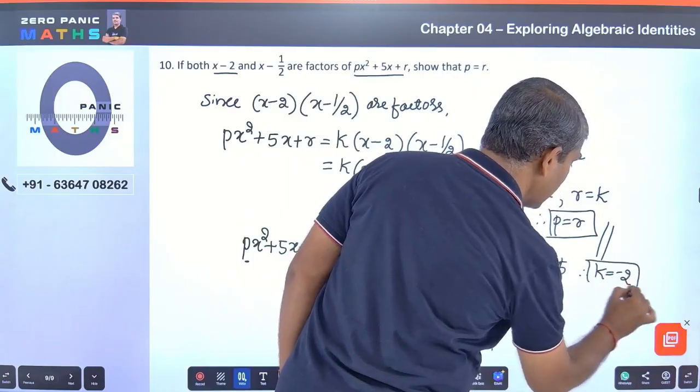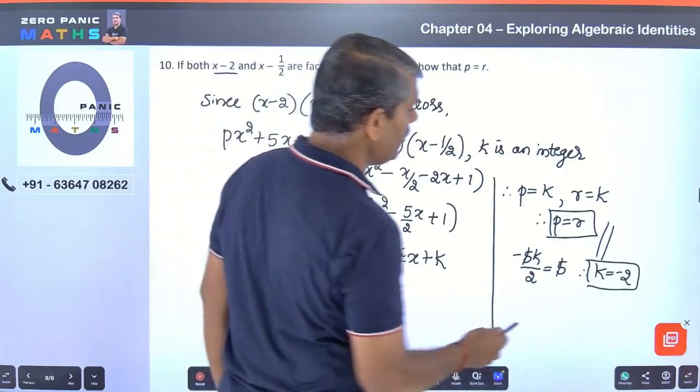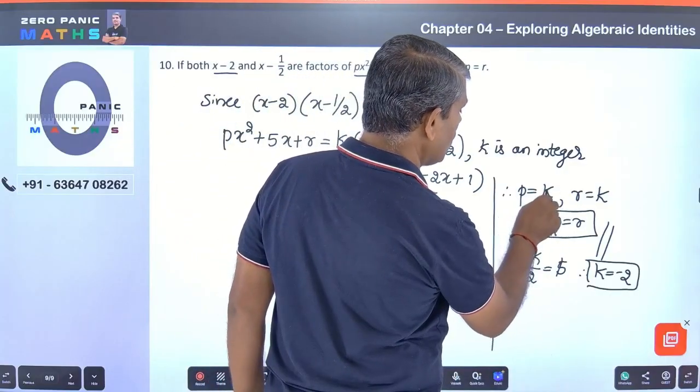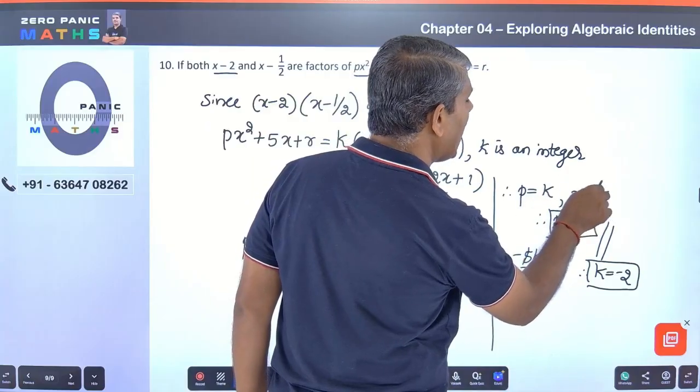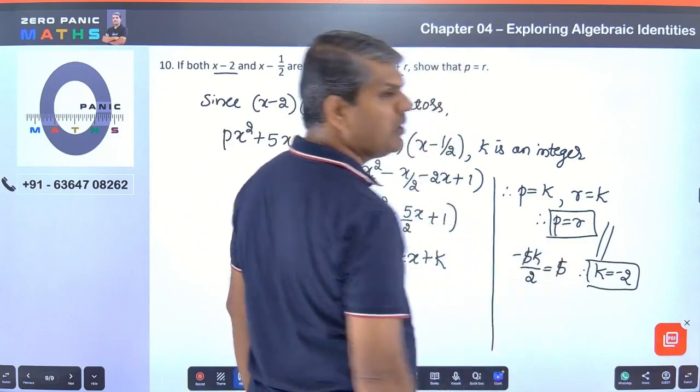So it will actually reduce to a constant value given for k. Even if you consider this, p is equal to k and r is equal to k, and that k is equal to minus 2. So in that case also p will be equal to r.